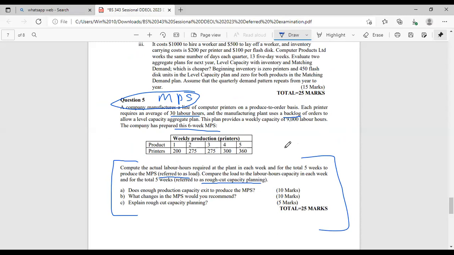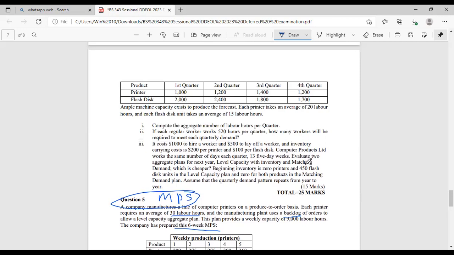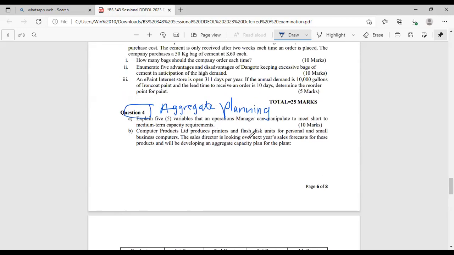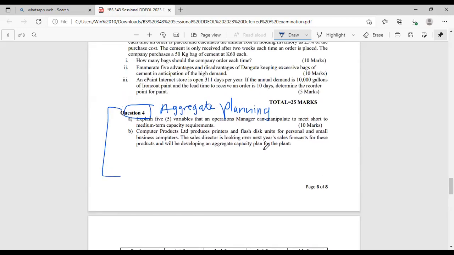The most important thing is to make sure that we have time to go through and see what is going on here. All right, so this is on the master production schedule.